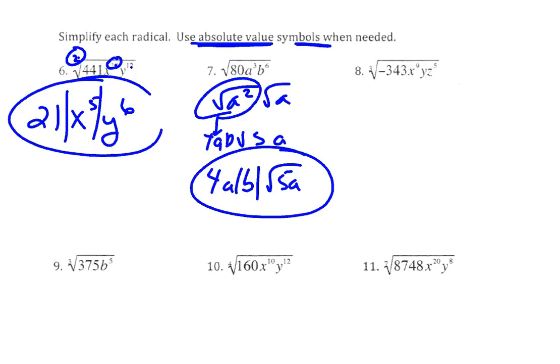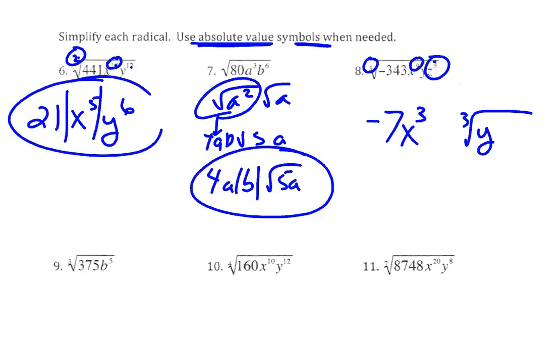Okay, third root of a negative 343. Third root of negative 343 is negative 7. I don't have to worry about absolute values here because 3 is odd. 9 divided by 3 is 3, so it's x to the third. There's not enough y's to come out, so there's going to be a y left on the inside.